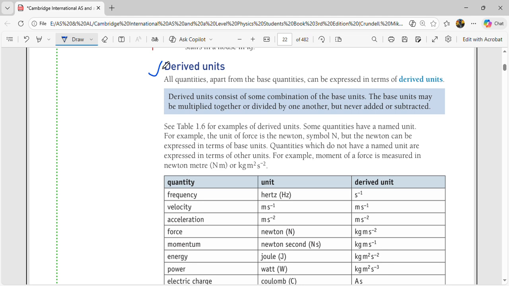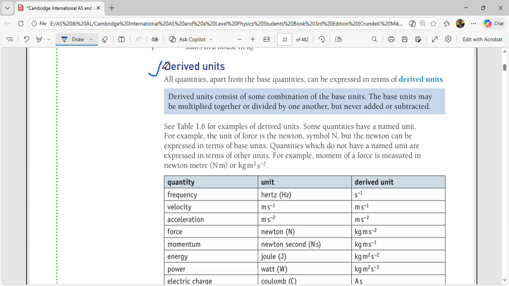They are products and quotients of base quantities, or maybe products and quotients of base quantities and derived quantities combined. For example, force is equal to ma, where mass is a base quantity and acceleration is a derived quantity.